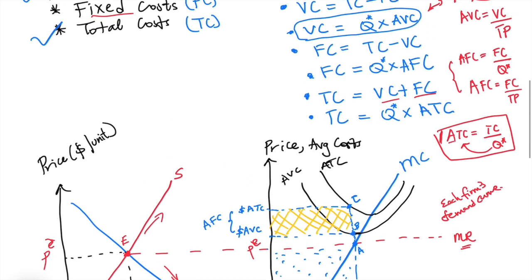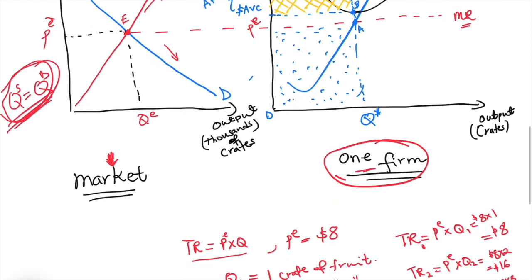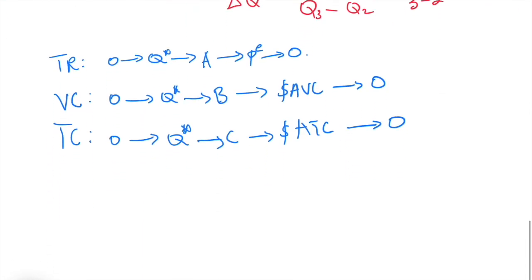Remember, fixed cost is calculated as Q star times average fixed cost. That is exactly this yellow box, right? The height of the box is AFC, and the base of the box is exactly Q star. Do you see that?